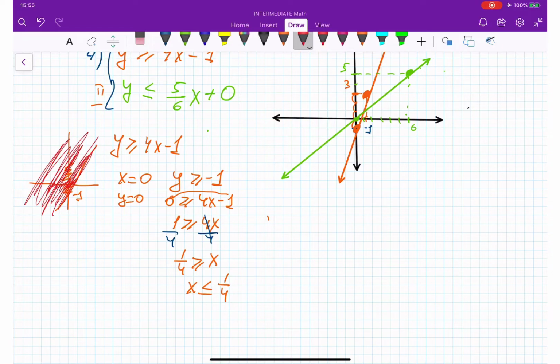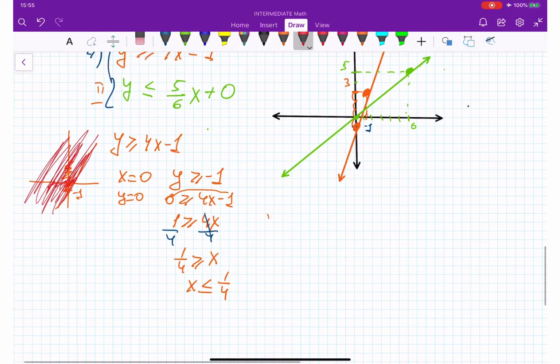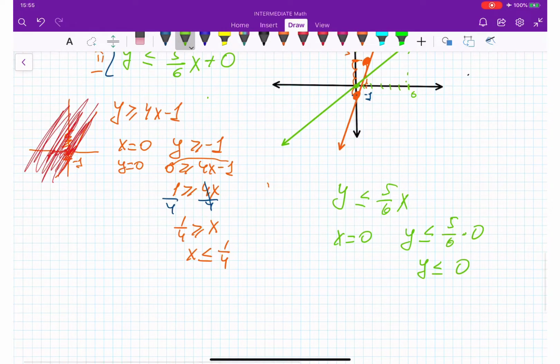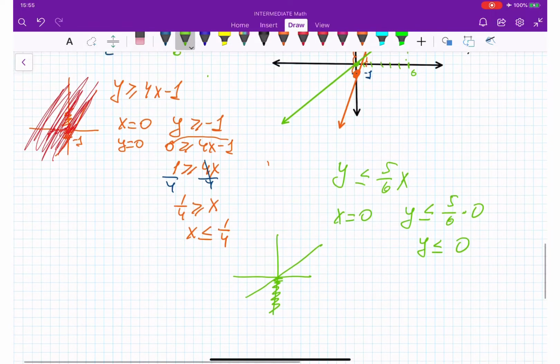Yes? Okay. Now, next I'm using the other graph, the green one. y is less or equal 5/6x, which means when x is equal 0, I get y is less or equal 5/6 times 0, which means y has to be less or equal 0, yes? Which means if this is my 0, the graph goes like this. So less than 0, it's going to be down, correct?